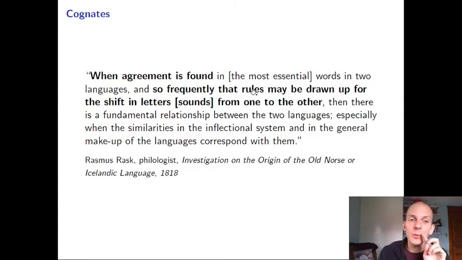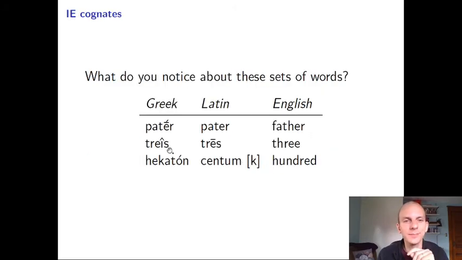That you can draw rules to show you the shift from one sound to the other sound. Then there's a fundamental relationship between two languages. So he's telling us about when we can say languages are related, especially when the similarities in the inflectional system and in general, the makeup of the languages correspond. Don't worry about this last part of the quote. I just felt bad not reading it.